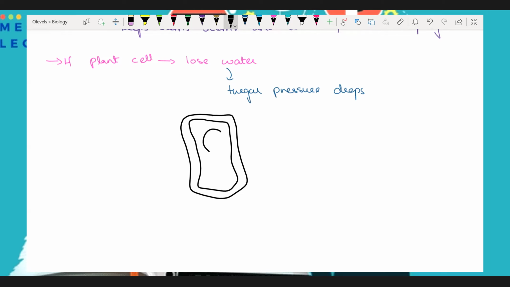Here we have the cell wall, oh sorry, vacuole. So as the turgor pressure has reduced, now you can see there is no real pressure on the walls of this plant cell, right? So you can say now the plant cell has become flaccid, right?